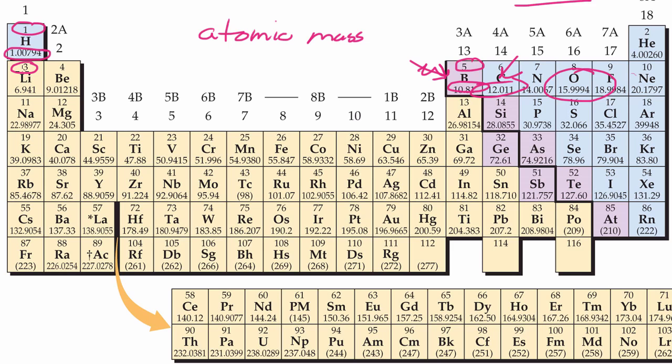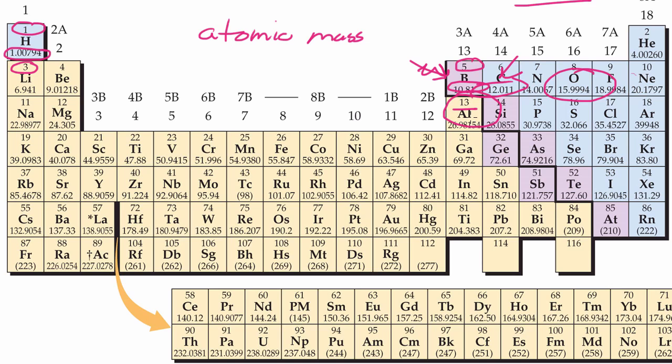That means it has 3 protons in its nucleus, and a neutral lithium atom will have 3 electrons. Here we have aluminum, and aluminum has Z equal to 13, so it contains 13 protons, and a neutral aluminum atom will also contain 13 electrons.